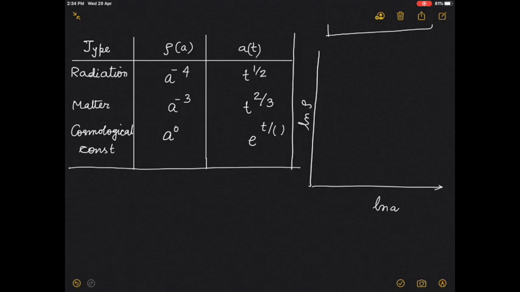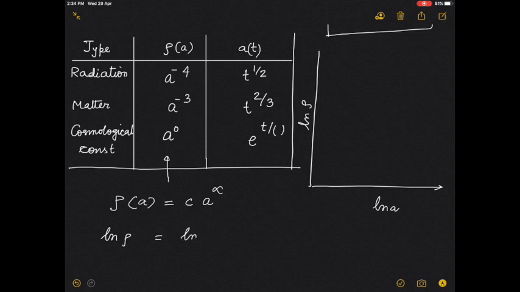Why do I do that? Well, if you look at these relations, they're all power law relations. Means that I can write any rho as some constant times a to the power some number alpha. So that alpha can be minus 4, minus 3 or 0.